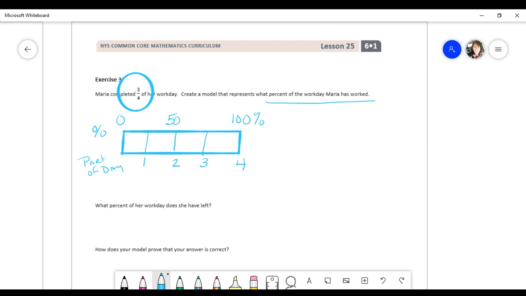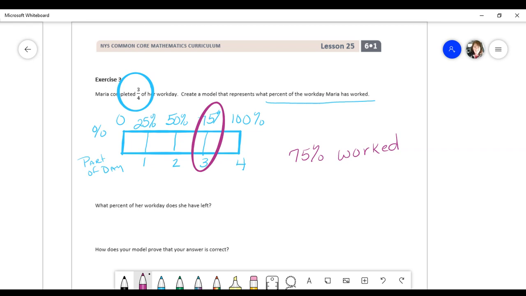Well, this is smack dab in the middle, so I know that's 50%. So what is half of 50? 25. And so here is 75. So when we take a look at what Maria does, I can see that 3 out of 4 is 75% of her day. So 75% worked.